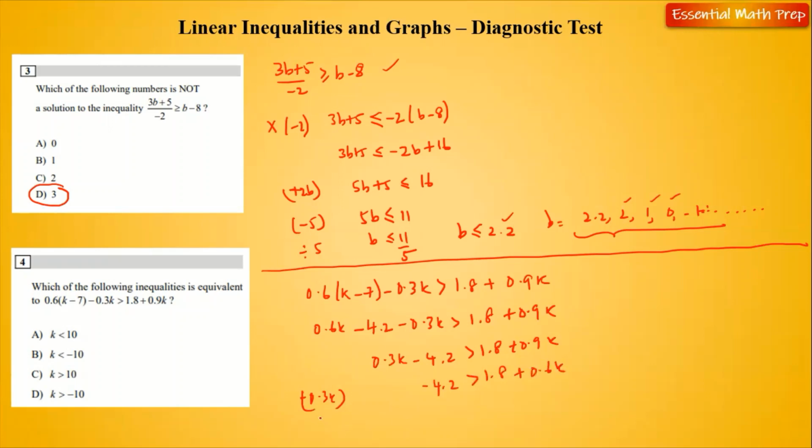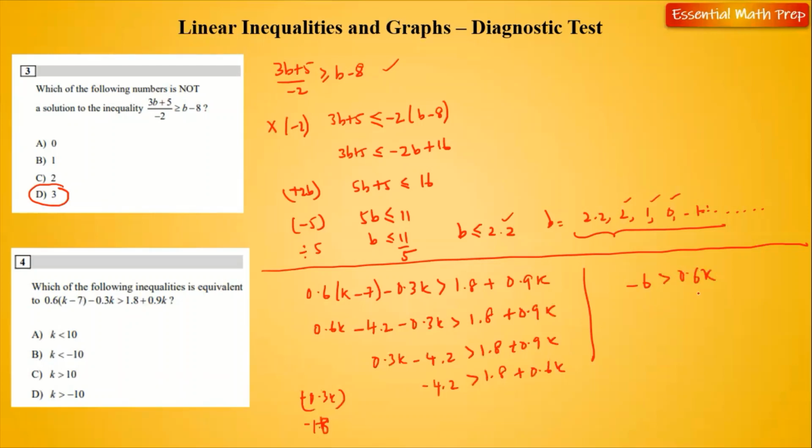You can add -1.8 on both sides, right? That will give you -6 greater than 0.6k, right?